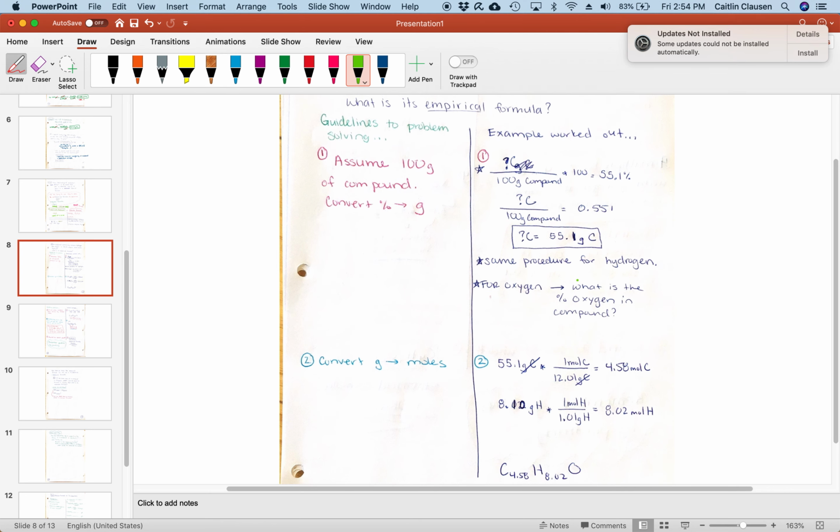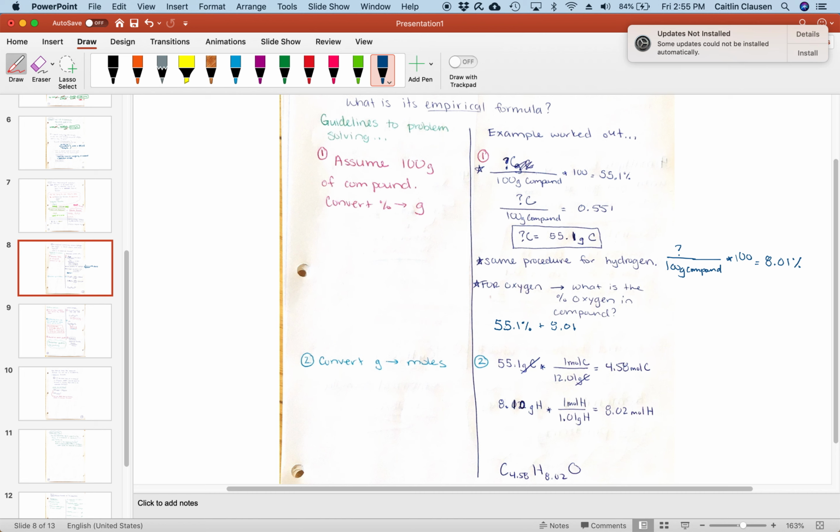Now for oxygen, it's a little bit different. The setup for hydrogen would be this, and I would need to solve for the question mark. For oxygen, however, you first need to figure out the percentage, because we're only given percentages of carbon and hydrogen. But we know that this all has to equal 100% of the compound.